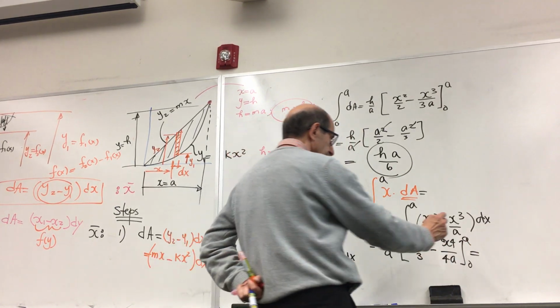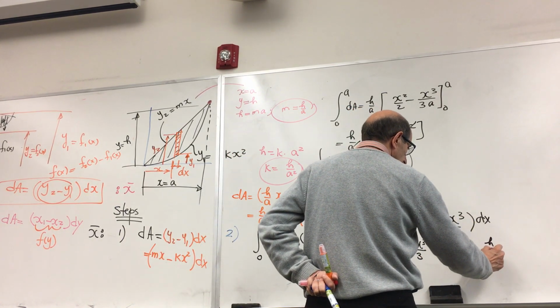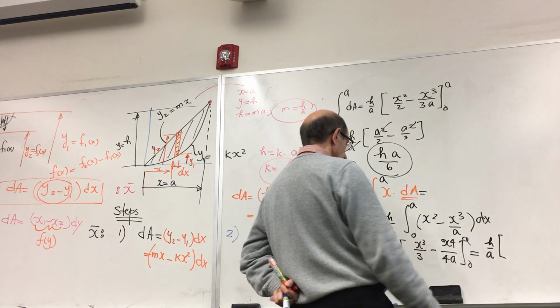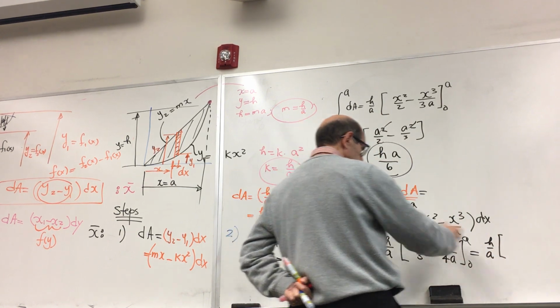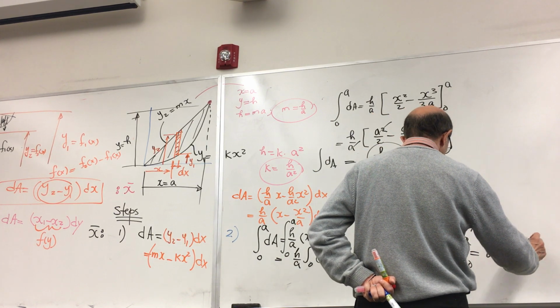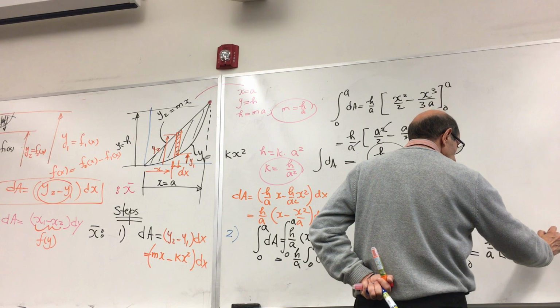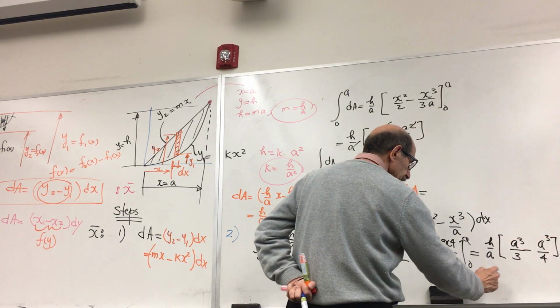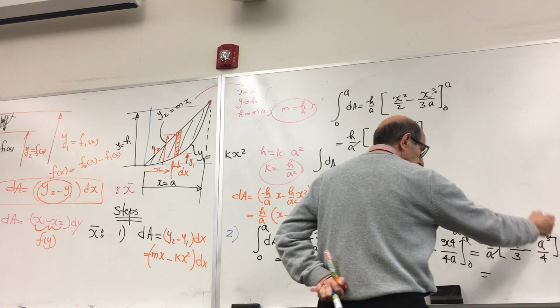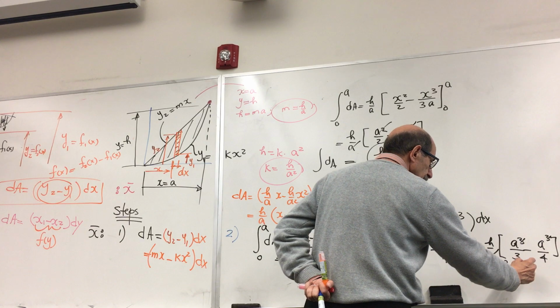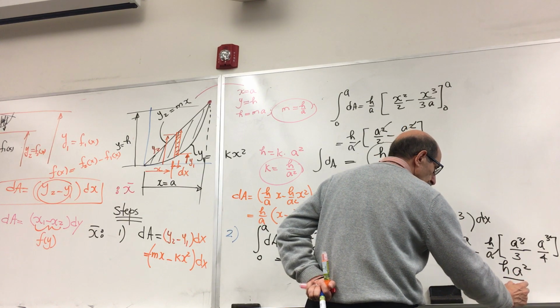So you have h over a of a cubed over 3 minus a cubed over 4. If you simplify this, this a with one of these cancels out, so you get h a squared over 12.